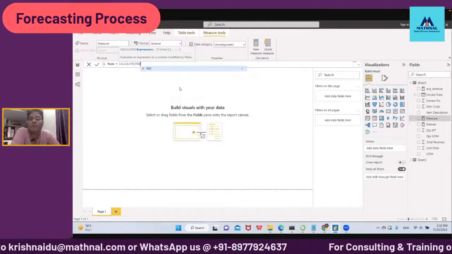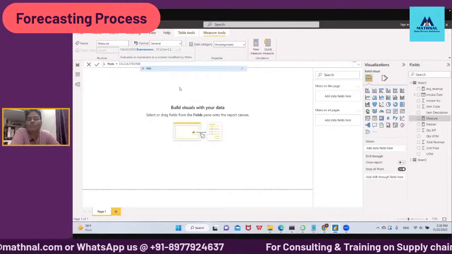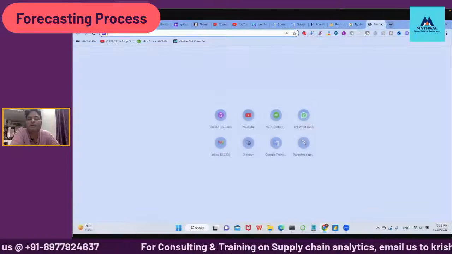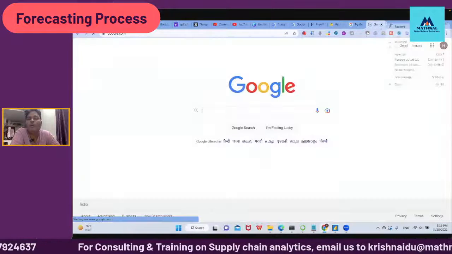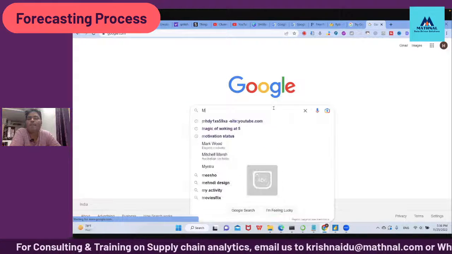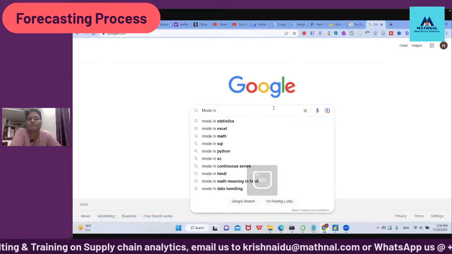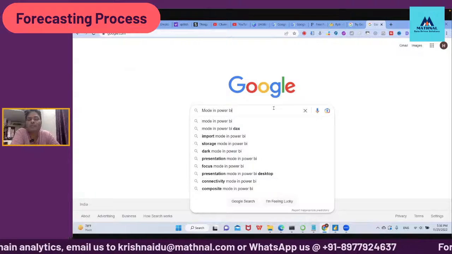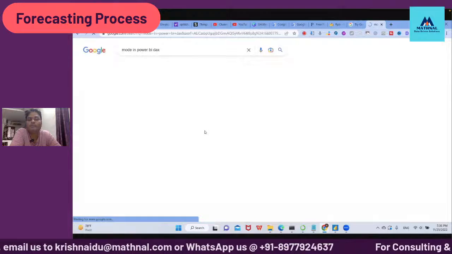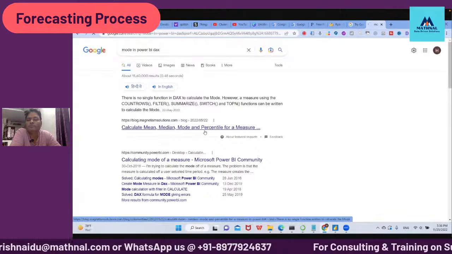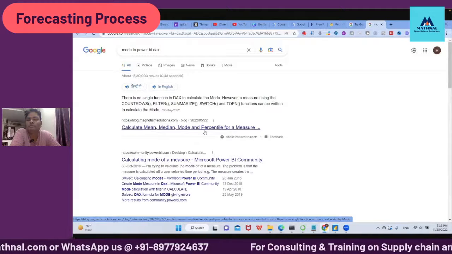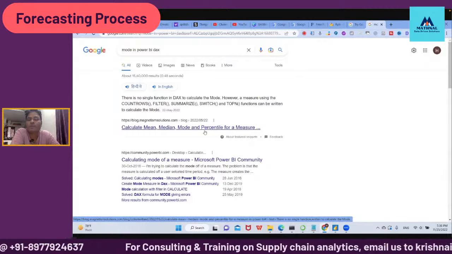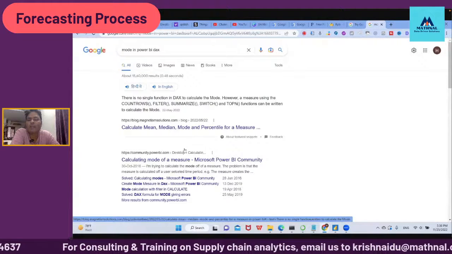Okay. Just open your Google once and write there mode in Power BI. The first one, Power BI DAX, second one. Click on the second one, calculating mode of a measure.